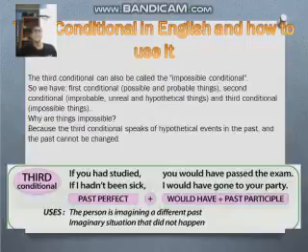The fact is that conditionals normally start with if, but now we will see other options as well: when and as soon as. Thus we can nuance things about the future.